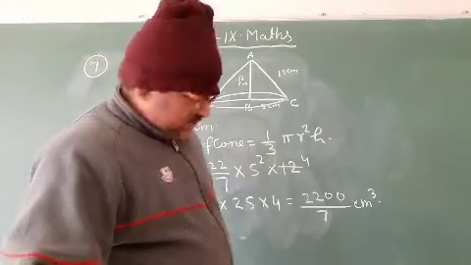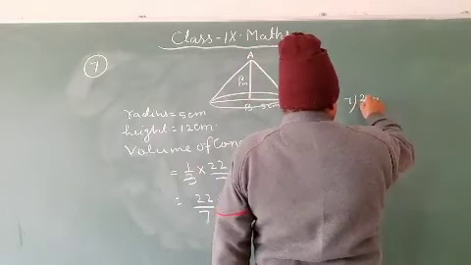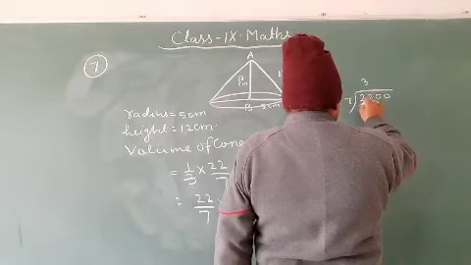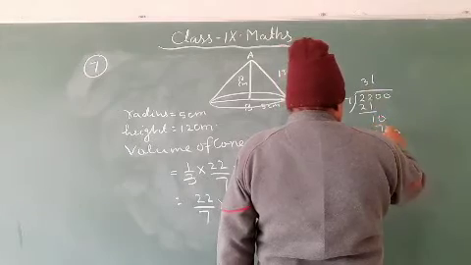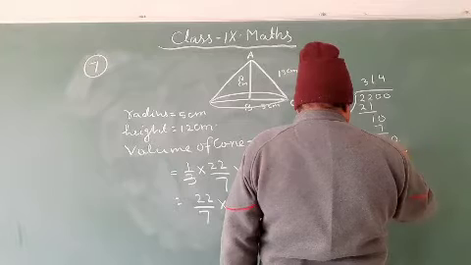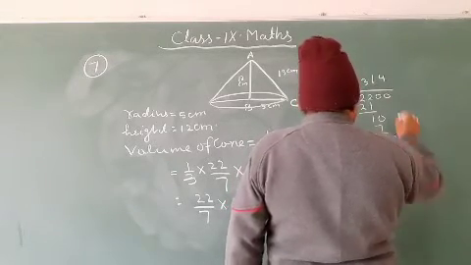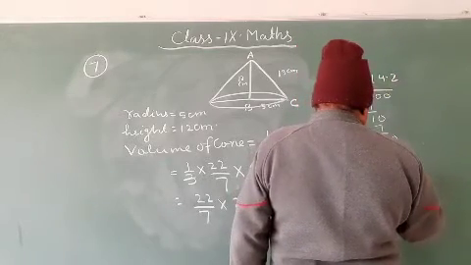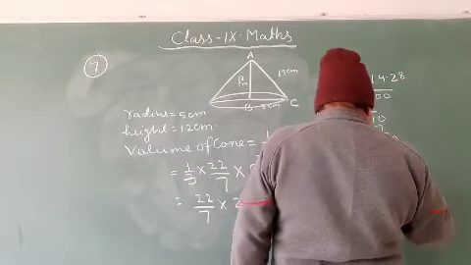Then we divide by 7. 7 3s are 21, 7 1s are 7, 7 4s are 28, and 0, 7 2s are 14, 7 8s are 56.